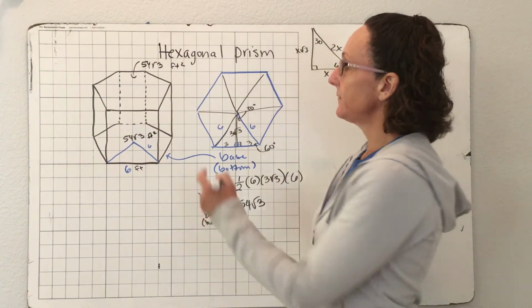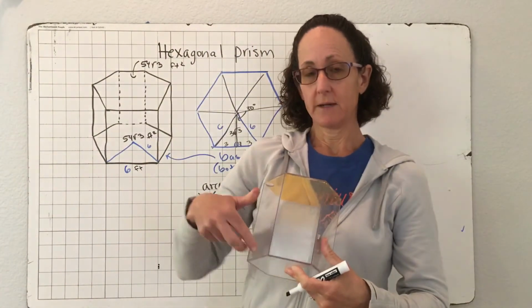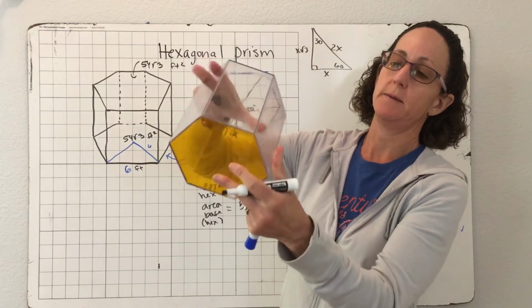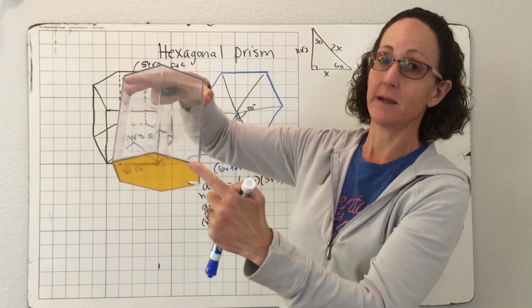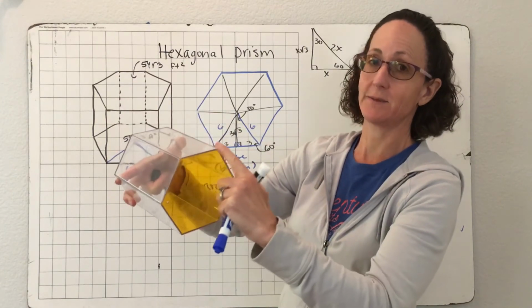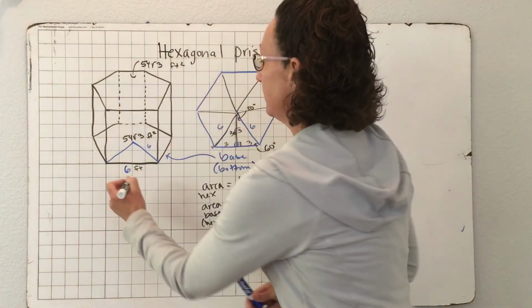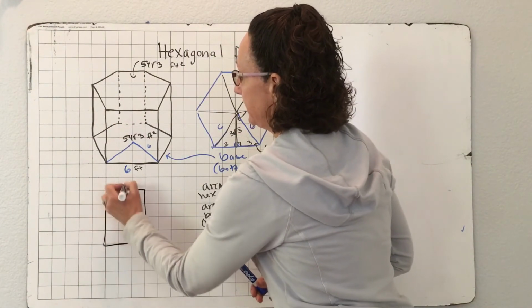Now we have to find the area of one of these rectangles. If you look, let's do this yellow side on the bottom. This side right here is the base of the rectangle. If this was 6, that means the base of my rectangle was 6. So when you have one of your rectangles, this is going to be 6.